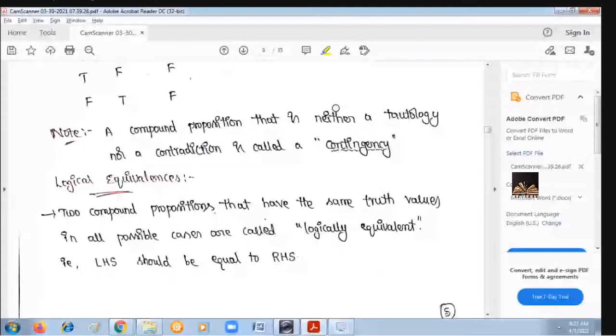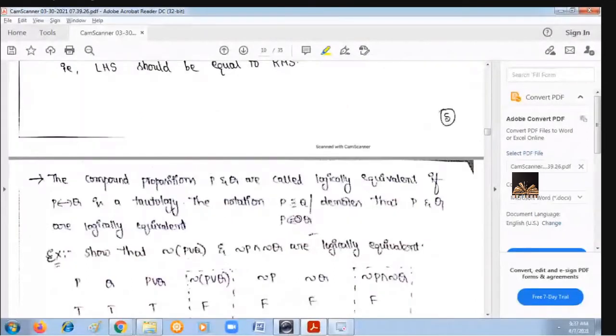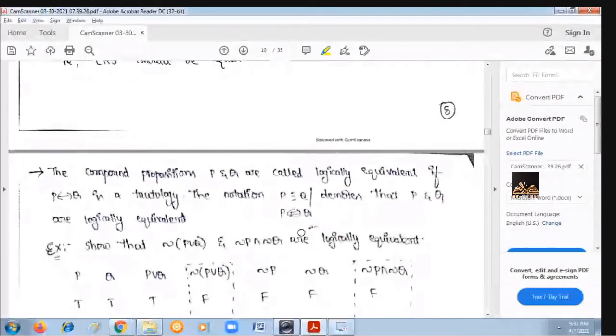See, three dashed lines, or you can use double equal to with two-sided arrow. Right? Now take one example.